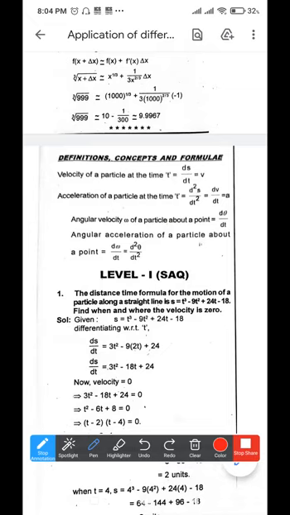Distance is the distance from point A to point B. Velocity is the speed at which a particle or a body is traveling. The rate of change of distance is called velocity. Now the rate of change of velocity is called acceleration.